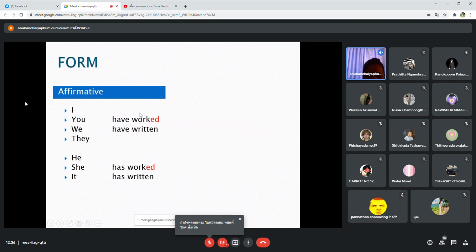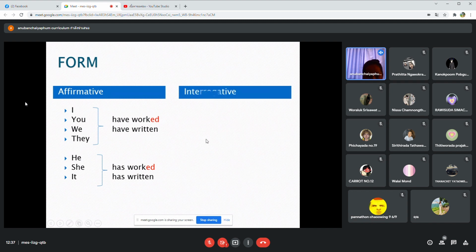We know already what a past participle is, right? Like written, worked, these are past participles. So I, as subject, plus have plus past participle of your verb. He as your subject plus has plus past participle of your verb. So this one is affirmative.